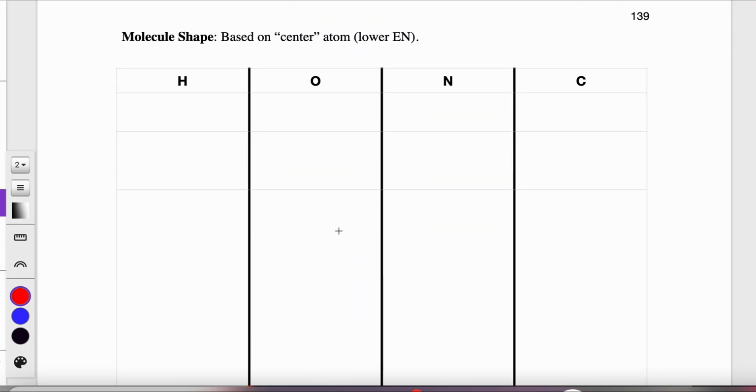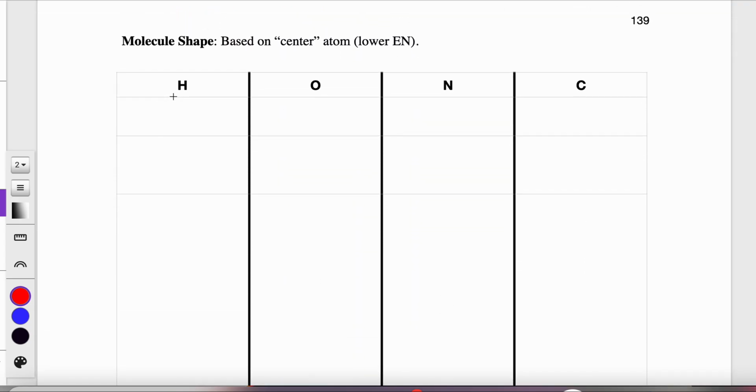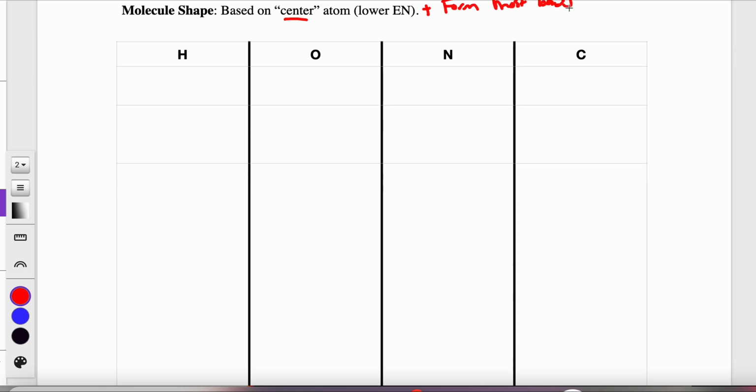So here we go. We have a rule that's called the HONC rule, and it is based on the center atom. The center atom typically has the lower electronegativity, and it tends to form the most bonds. H could stand for hydrogen or halogen.